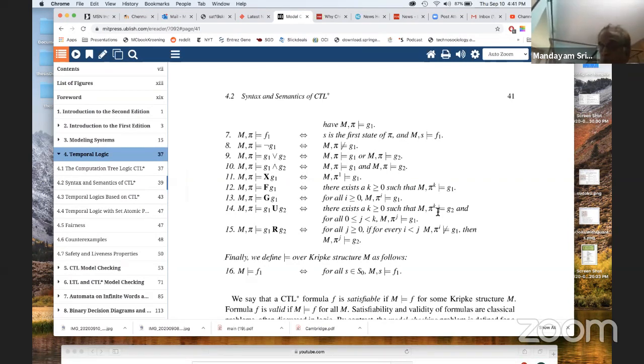And up to that point, not necessarily including that point, the first formula has to be true for the entire suffix paths starting from 0, 1, 2, and so on, all the way to k minus 1.